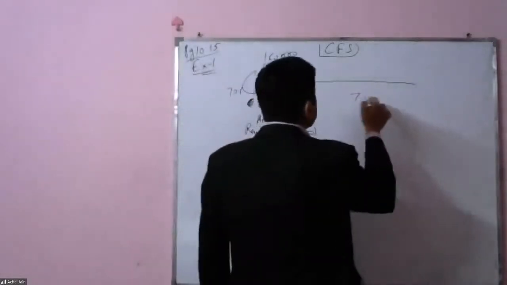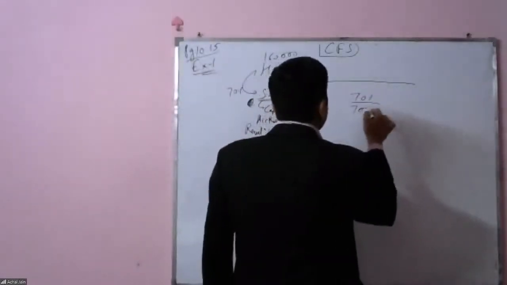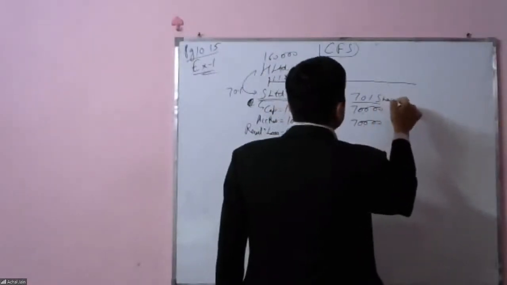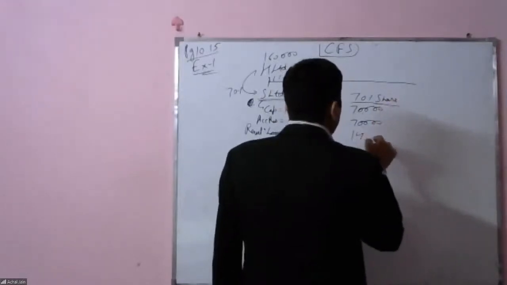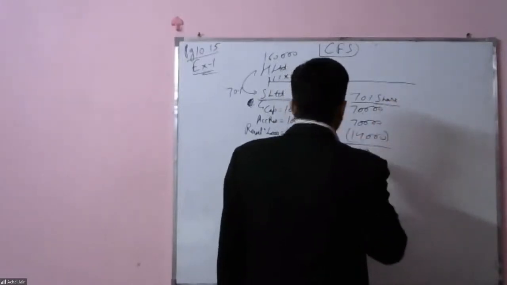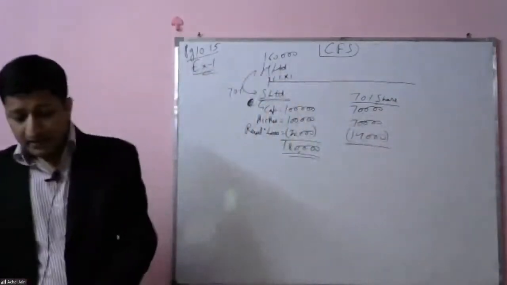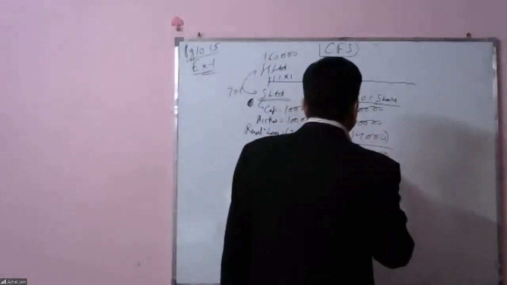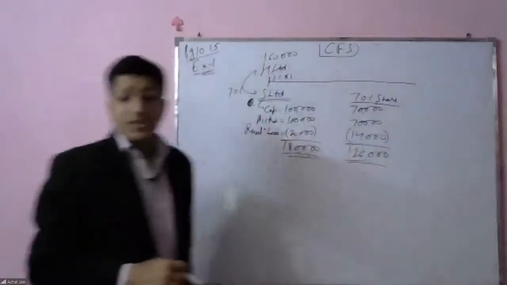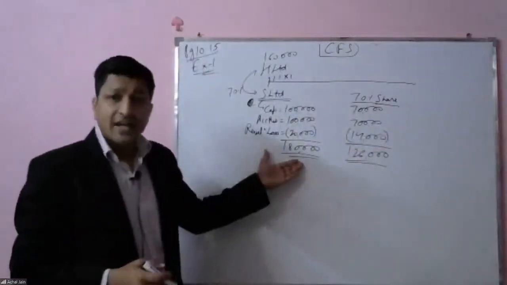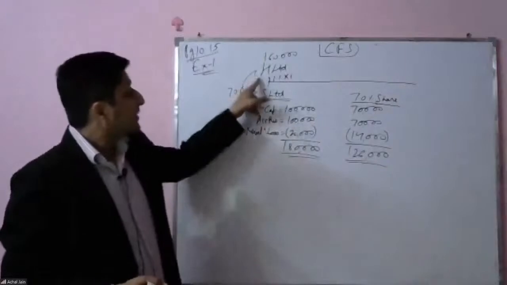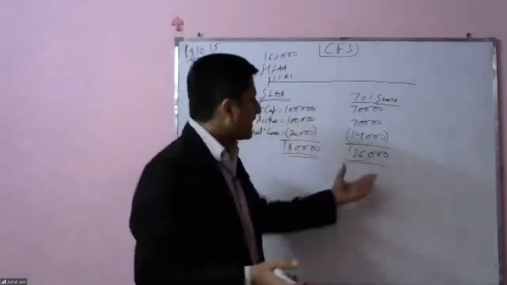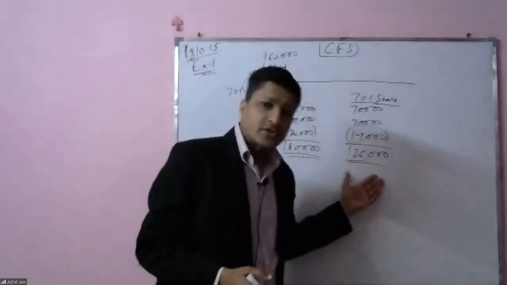Now, what will be the 70% portion over here? 70,000, 70,000. And this will be 14,000. So this becomes 1,26,000. The total position of S Limited in terms of its net assets was this, but H Limited acquired 70%. That means the worth of 1,26,000 has been acquired by H. Okay.